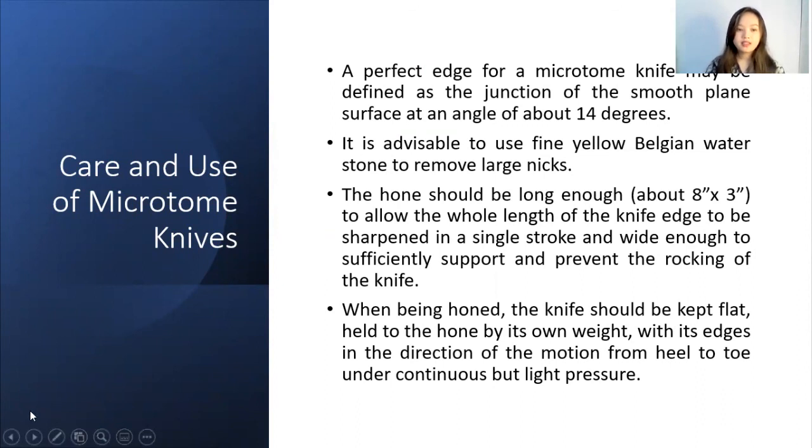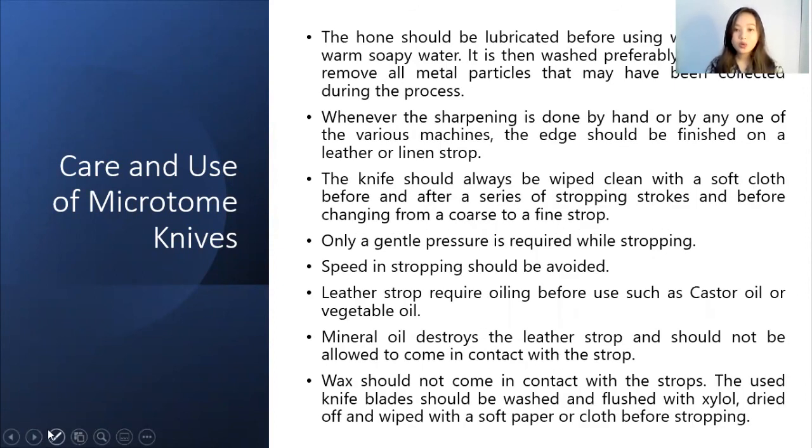And next, the hone should be lubricated before using with fine oil or warm soapy water. It is then washed, preferably with water, to remove all metal particles that may have been collected during the process.